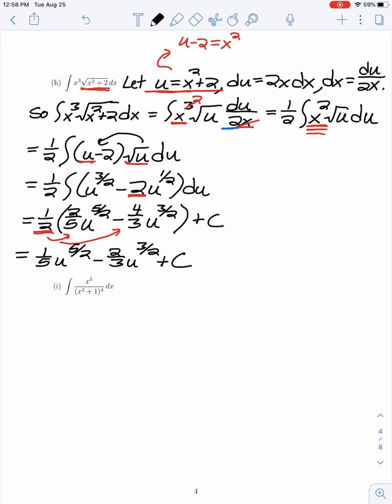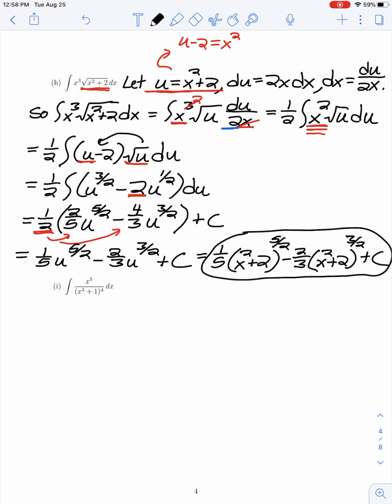In my very last step, I'm ready to substitute the expression for u back into my answer. Recall that we were letting u be x squared plus 2. So substituting back in, we have 1/5 of x squared plus 2 to the 5/2 minus 2/3 of x squared plus 2 to the 3/2 plus c.